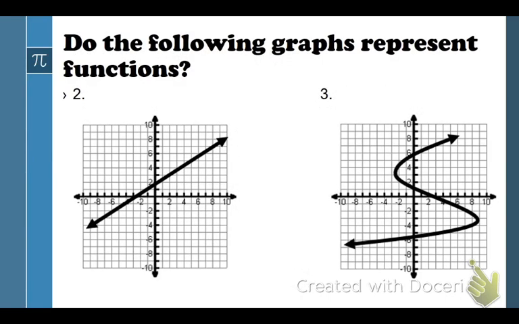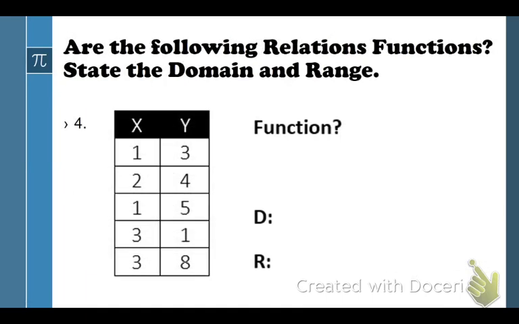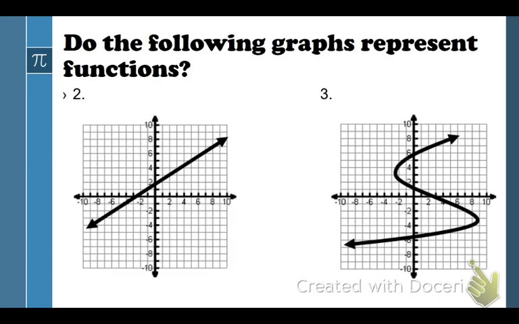How about these? Number 2. You can use your pencil as your vertical line and go across your graph with your pencil. So on number 2, if I go across, am I ever going to touch that line, that function, more than once? No. So yes, number 2 is a function. How about number 3? No, it is not a function.